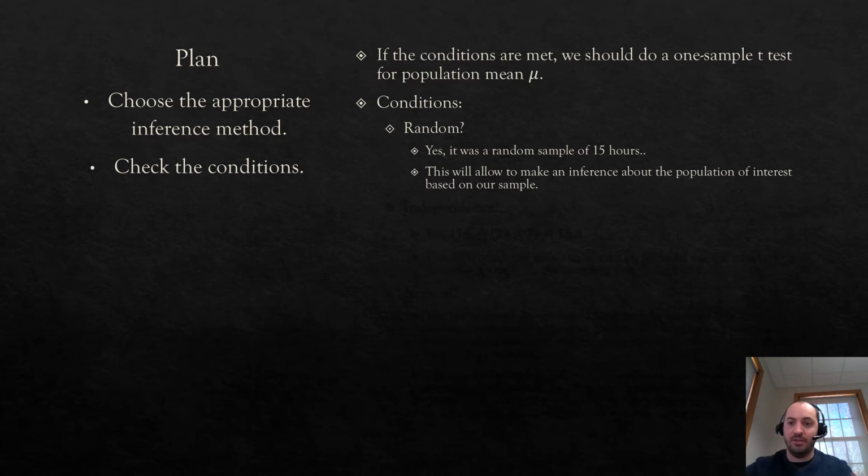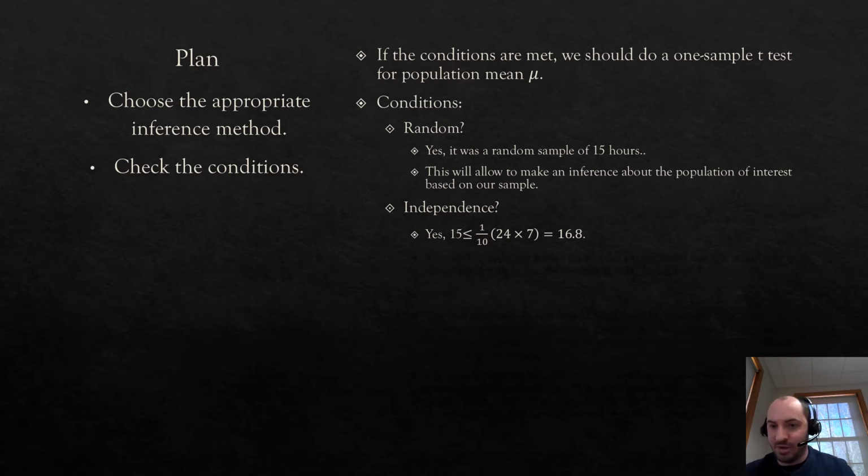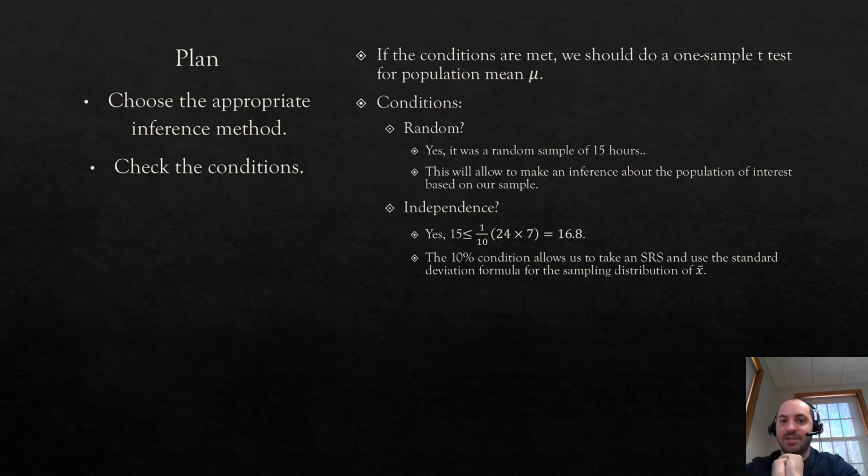So this is inference. Independence, so things like the 10% condition. Yes, 15 hours is less than 10% of how many hours there are in a week. So we have the 10% condition satisfied, so a simple random sample is fine to take here. Independence is satisfied, and we can use our standard deviation formula for the sampling distribution of x bar.